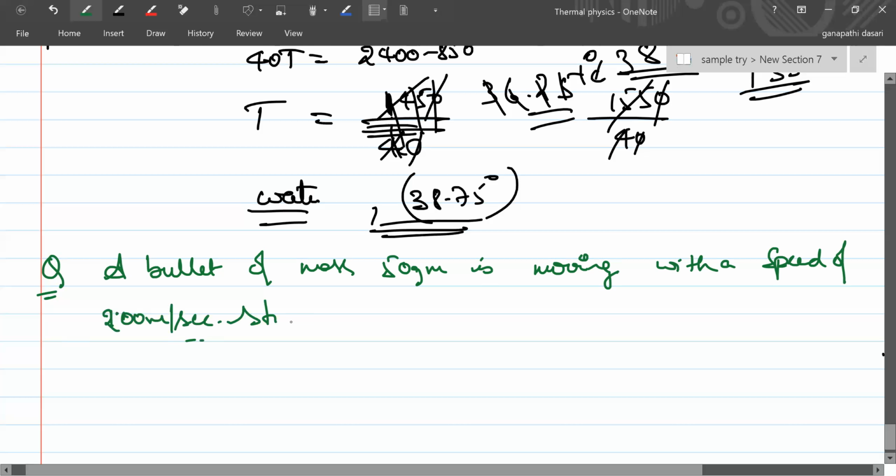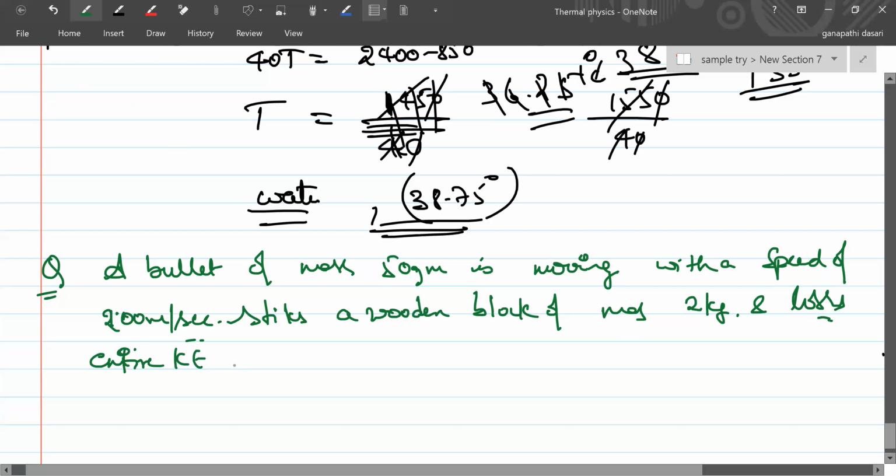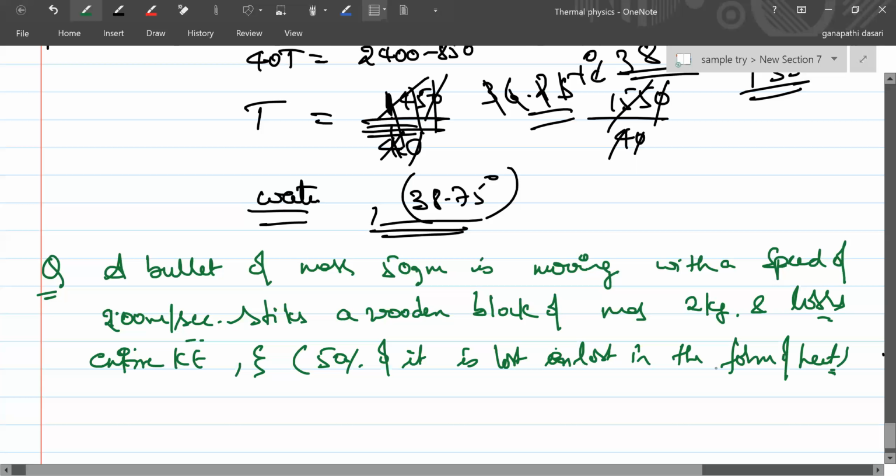Let's say it hits a wooden block of mass 2 kg and loses its entire kinetic energy, and 50% of it is lost in the form of heat to the wooden block. Find the increment in temperature of the wooden block. Got it? Yes, sir.